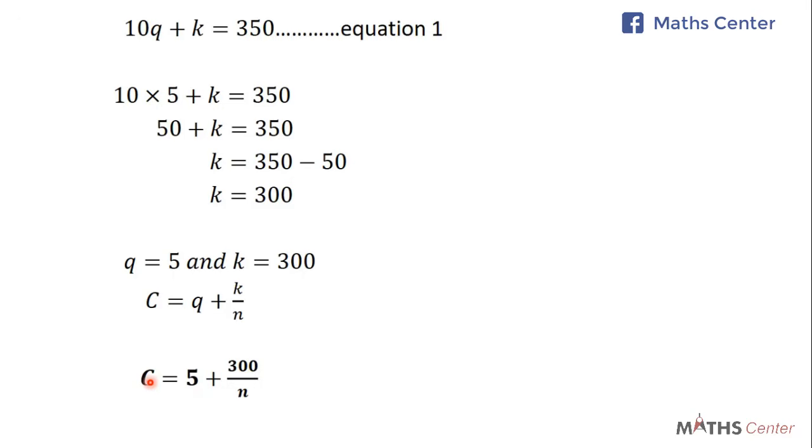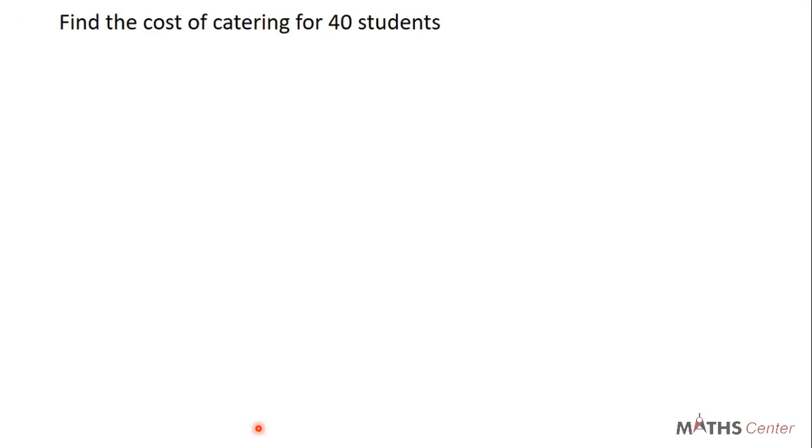When we do that, we will have C is equal to 5 plus 300 divided by N. We now have an equation connecting C and N. The question said we need to find the cost of catering for 40 students. So here, N, which is the number of students, is 40. We know that C is equal to 5 plus 300 divided by N.